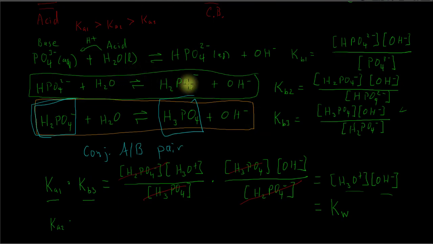So those are the conjugate acid-base pairs in these reactions. So if we were to take Ka2 and multiply it by Kb2, we would see that that also equals Kw. So that's an important connection between these equilibrium constants that we will use later on. All right, so just keep that in mind. So there's a little bit about polyprotic acids and bases and their equilibria.